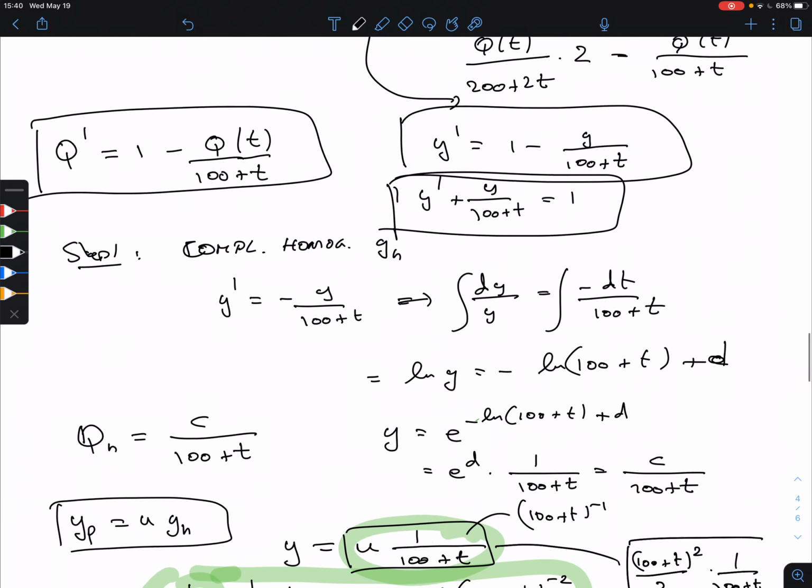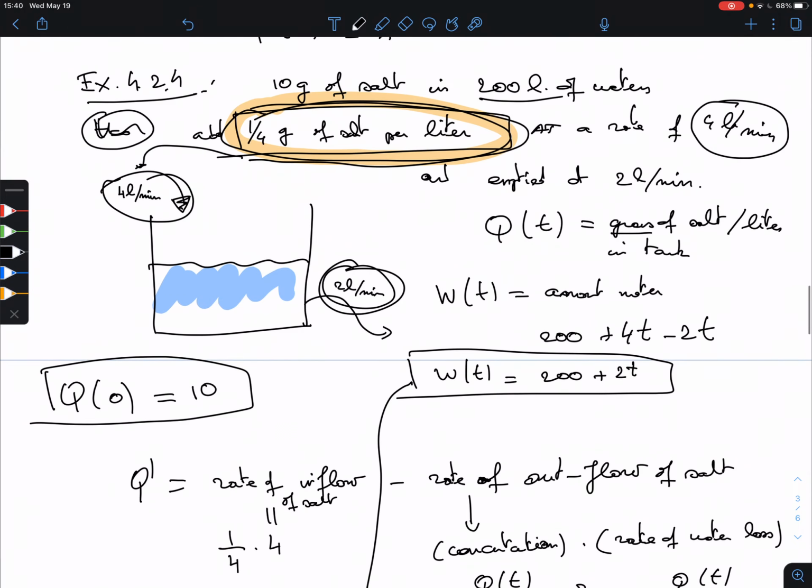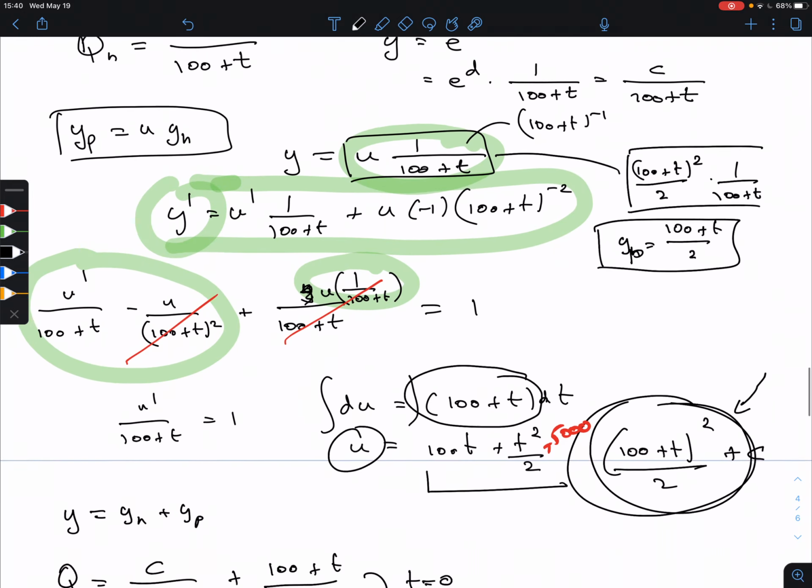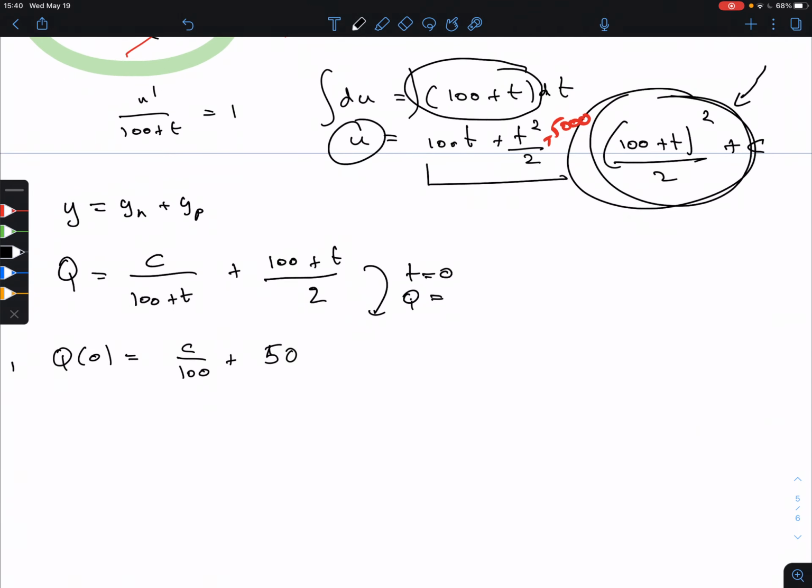Originally I made a mistake, but it was 10. It's the amount of salt that we started with. So that was 10. So we see that minus 40 is C over 100. So C is minus 4,000.